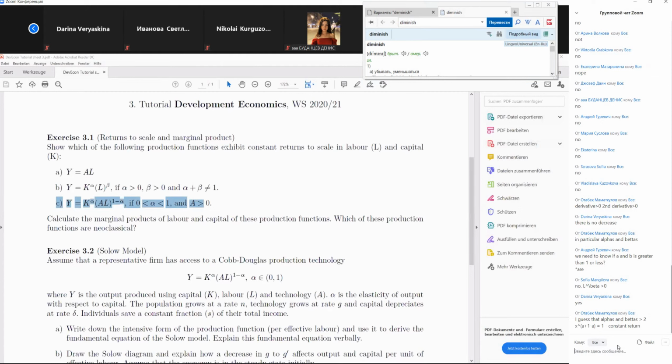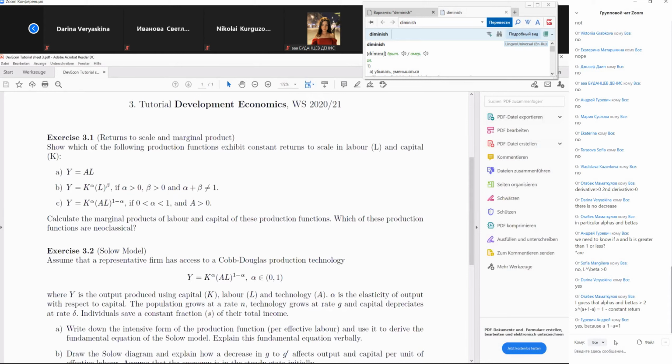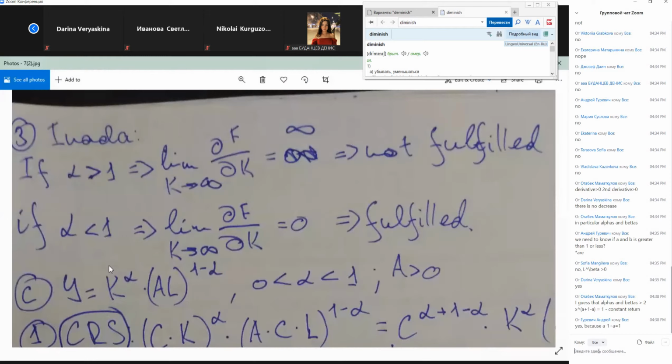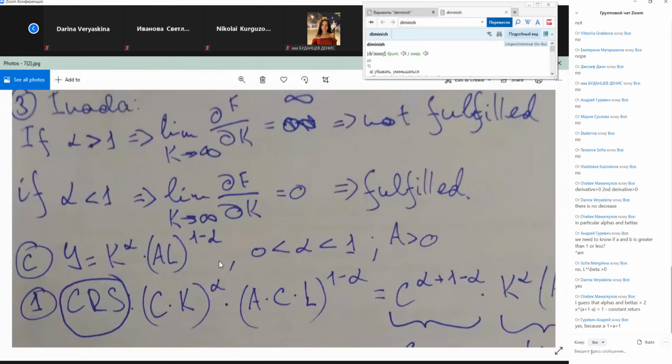It's constant returns to scale. And now we can just go on like this to see why that is the case.